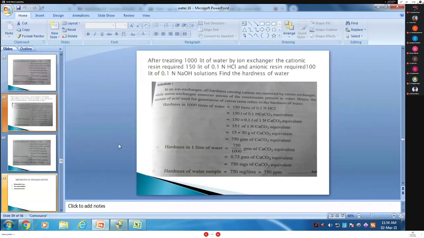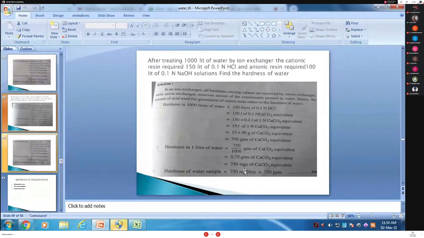Hardness in 1 liter of water is 750 divided by 1000 grams of CaCO3 equivalent, which is 0.75 grams. Converted into milligrams, it is 750 milligrams of CaCO3 equivalent.